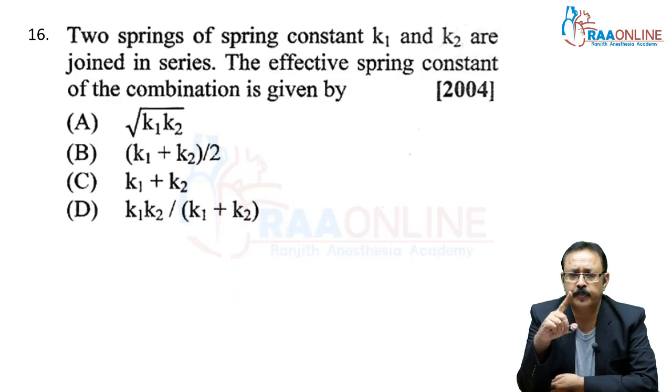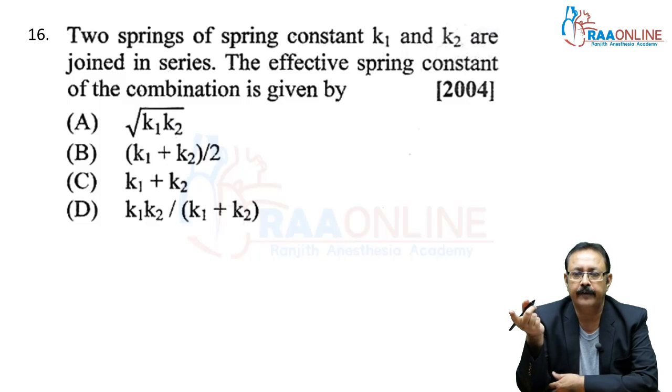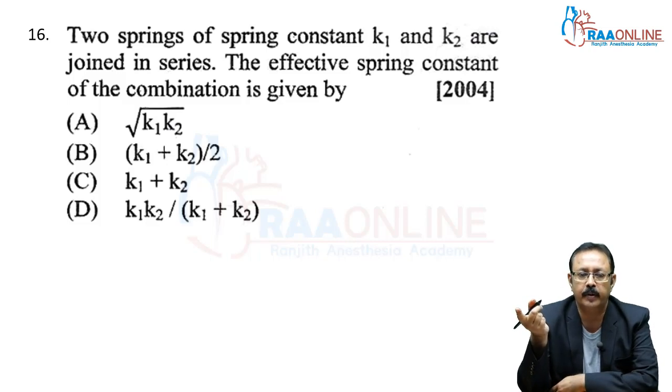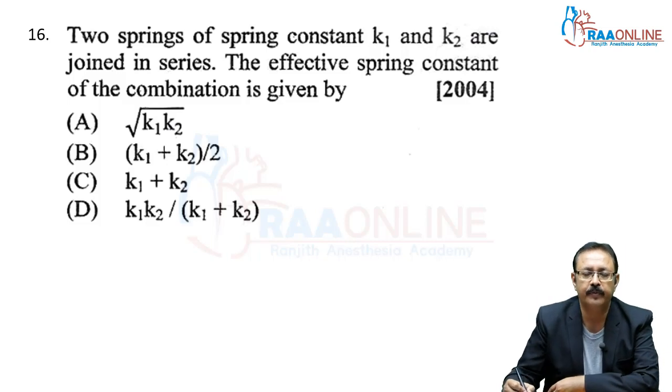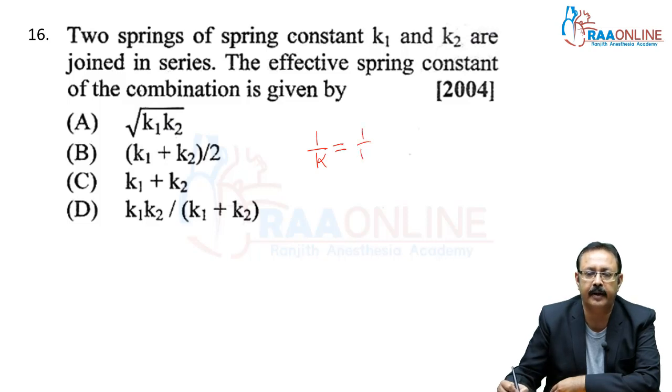Two springs of spring constant K1 and K2 are joined in series. The effective spring constant of the combination is given by? I told you, for series, the equivalent spring constant is given by this formula. For parallel, K is equal to K1 plus K2.